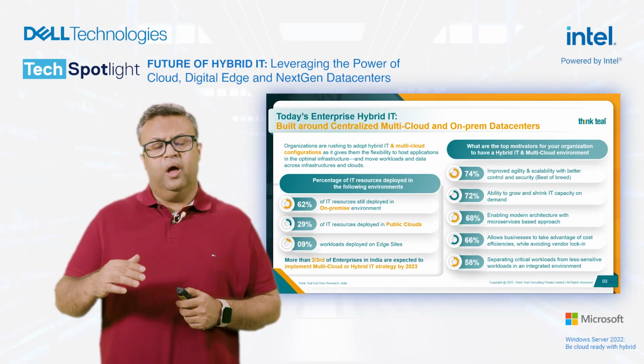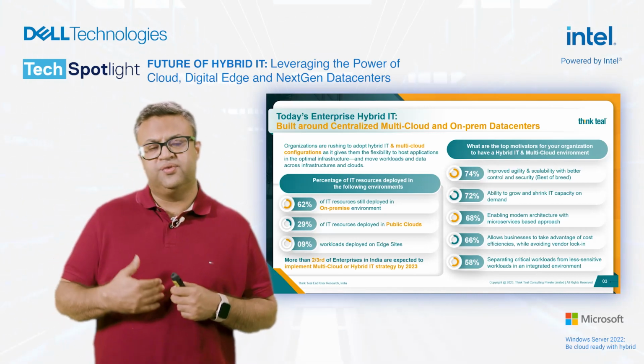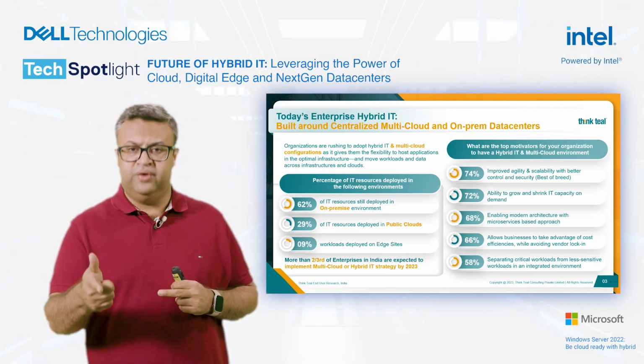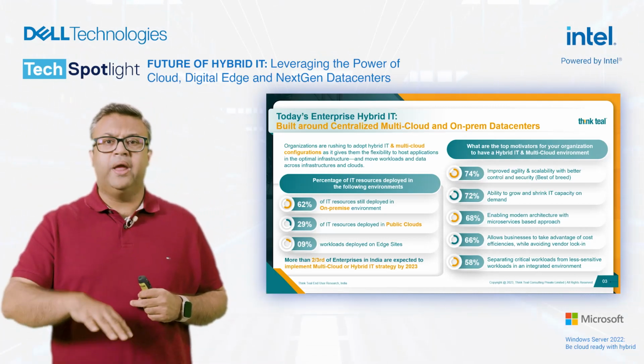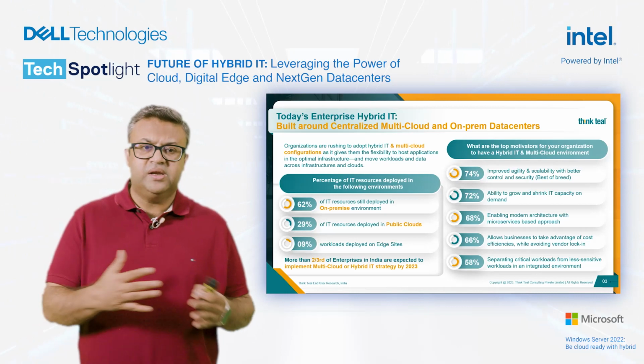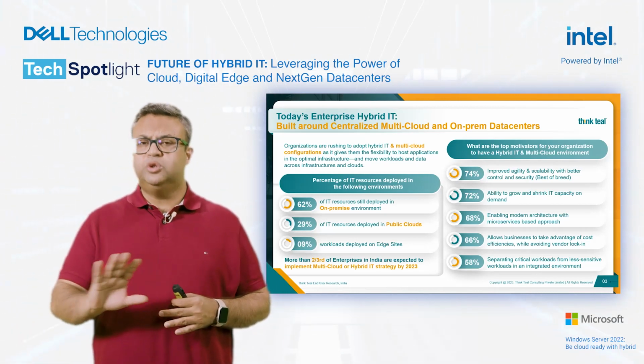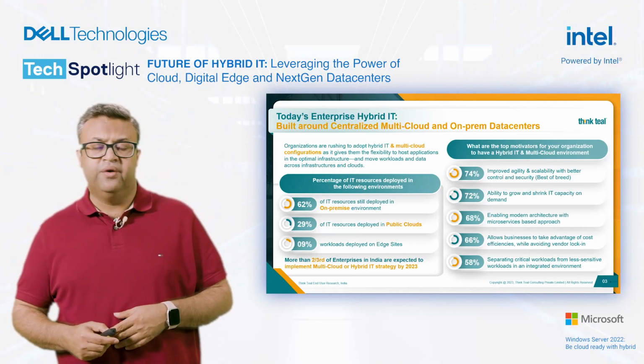And I think, because obviously as an analyst firm, we need to understand A, what you've done, and B, why you've done it. So some of the key priorities and motivators of having such a multi-cloud and hybrid IT environment are as follows. No guesses here in terms of what's new.